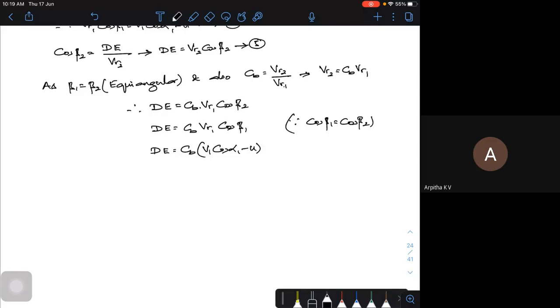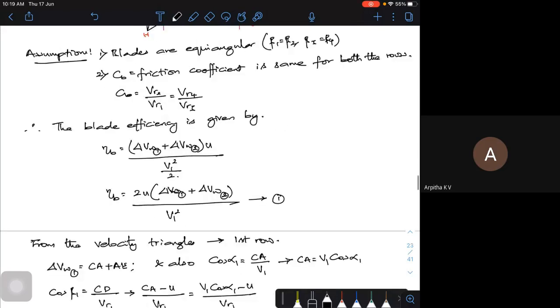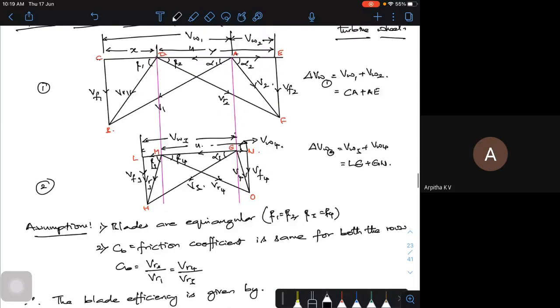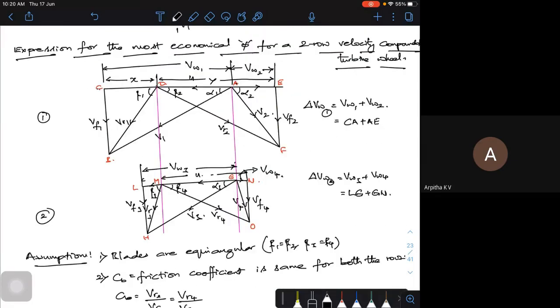Okay, so this is about it. Then go to this particular triangle. What is this point AE?